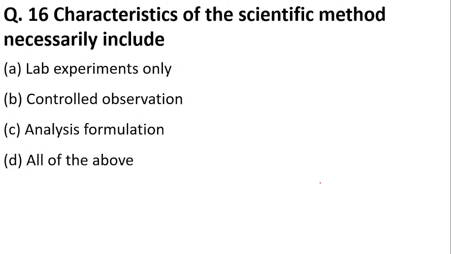Characteristics of scientific method necessarily include: experiment, lab experiments only, controlled observation, analysis, formulation, or all of the above. So here, characteristics of scientific method necessarily include, what does it include, students?